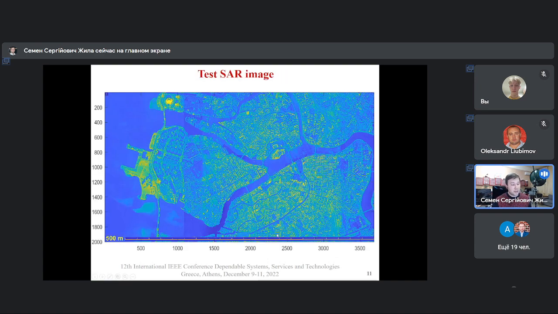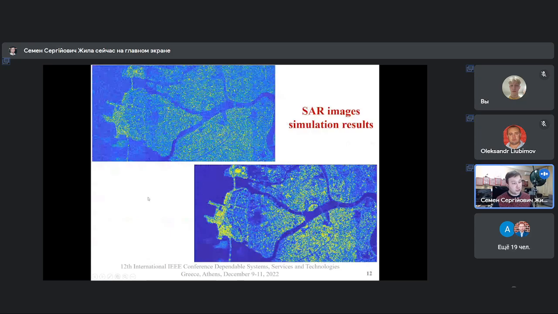And we tried one more image with a different structure. It's some bay or some city, and it gave us such results. We can already see that in this image the quality is much better.